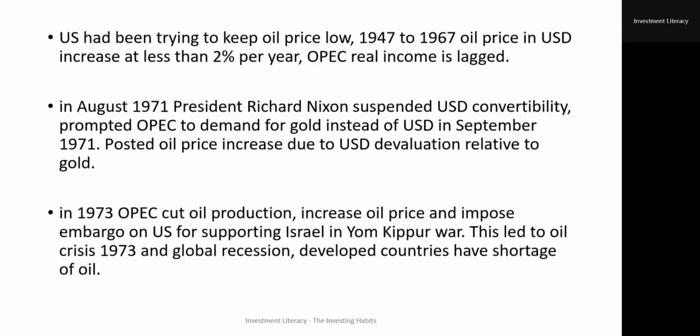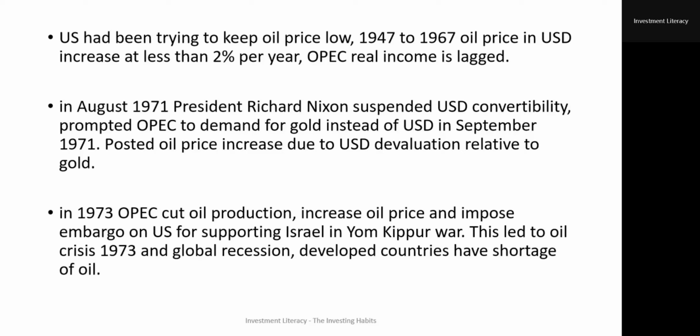In 1973, OPEC cut oil production, increased oil price, and imposed an oil embargo on the US for supporting Israel in the Yom Kippur War. This led to the oil crisis in 1973 and global recessions because the developed countries had a shortage of oil.